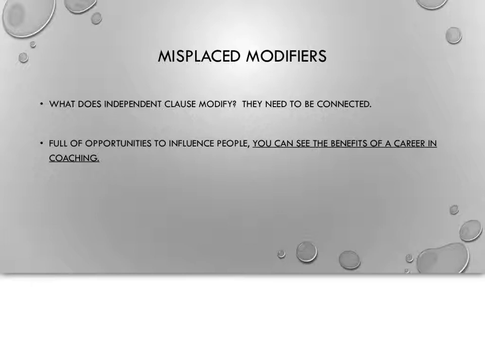So it's a lot better to say, "Full of opportunities to influence people, a career in coaching has many benefits." The career is what's being modified, so that career should be the next thing in the sentence. Make sure you don't have misplaced modifiers and that the clauses are connected to one another.